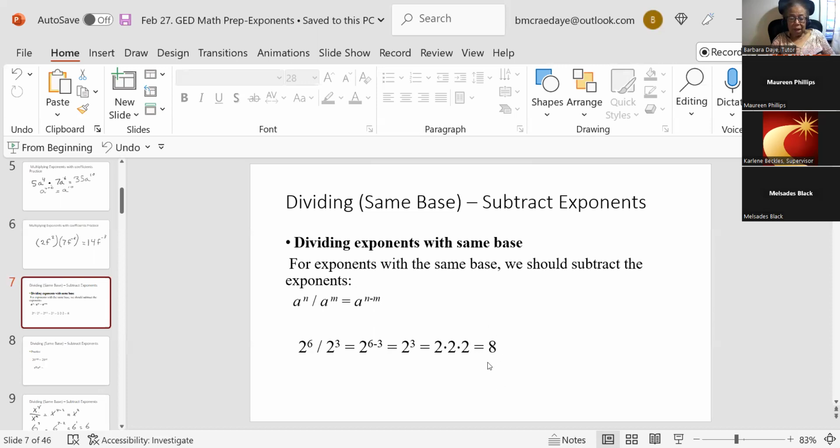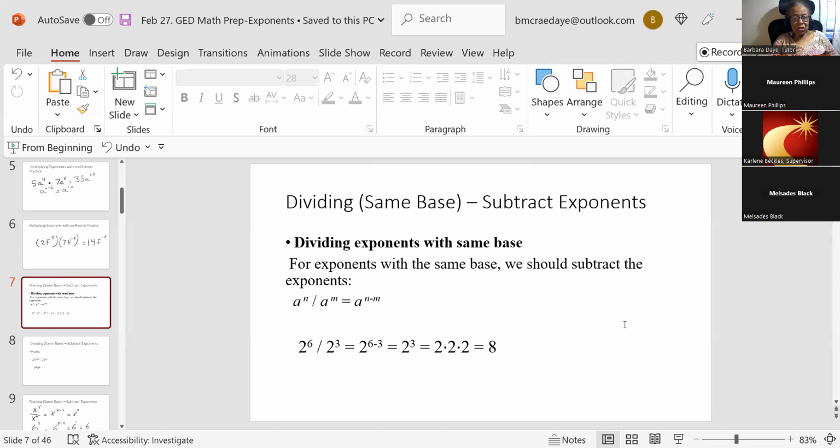I could give you a multiple choice with just a number. That means whatever you got for the base and the power has to expand to one of those numbers. Either 2 to the third power or 8. The answer could be in either format.